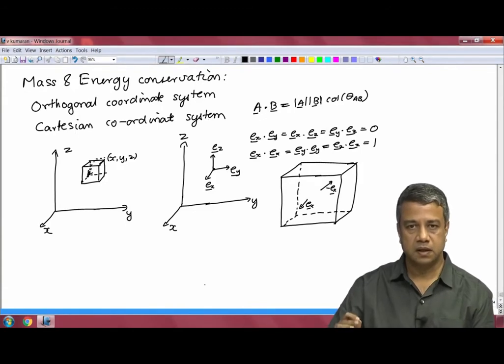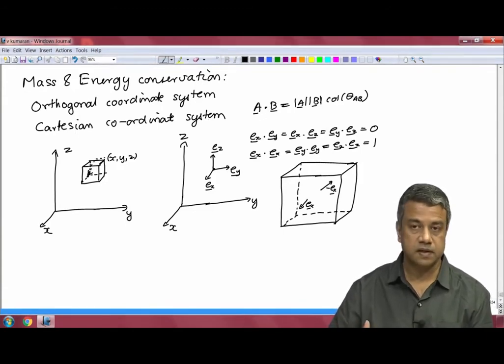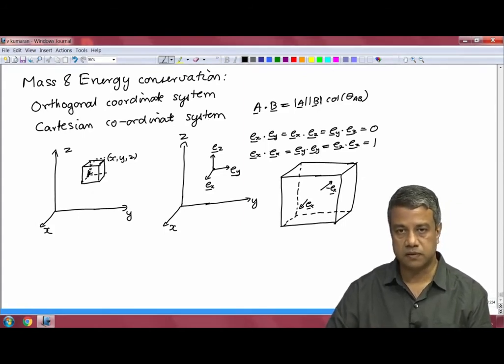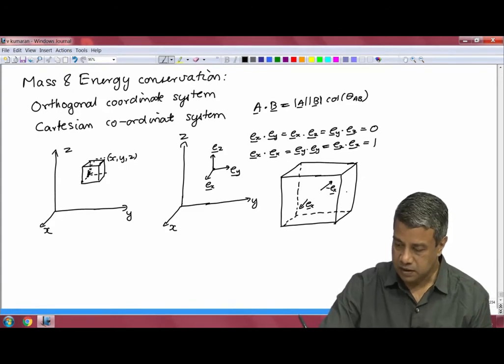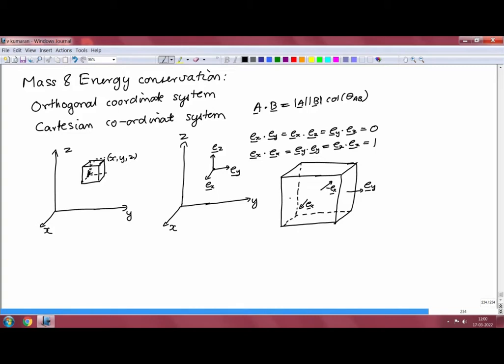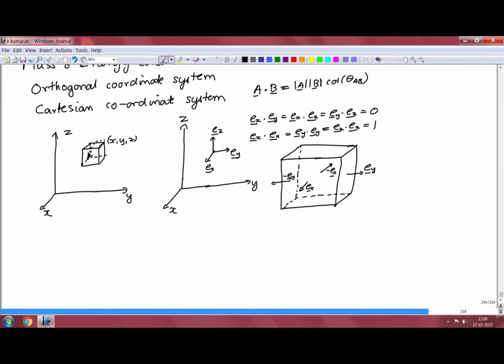The outward unit vector on the front surface is in the plus Ex direction, on the rear surface the outward unit vector is in the minus Ex direction. On the right surface the outward unit vector is in the Ey direction, on the left surface it is in the minus Ey direction. At the top surface the outward unit vector is in the plus Ez direction, on the bottom surface it is in the minus Ez direction. So, these are the surfaces of the differential volume.